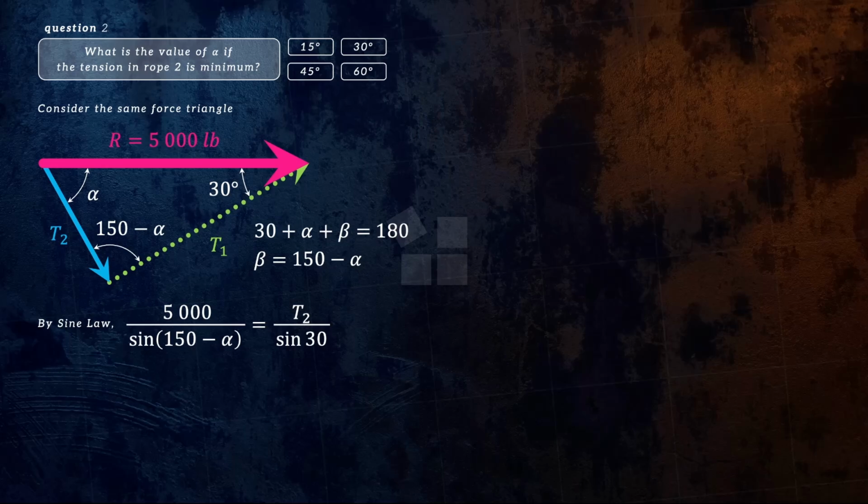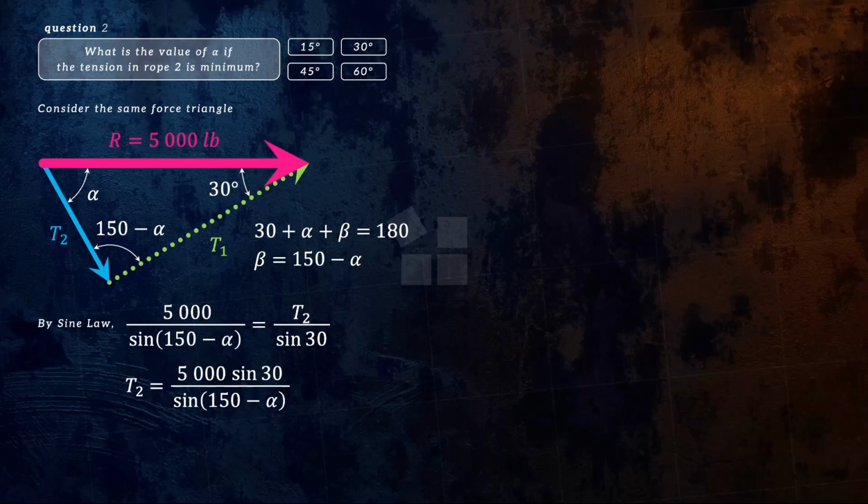We can multiply both sides of the equation by sine 30, which will cancel the sine 30 at the right term where T2 is, leaving us with T2 being equal to 5,000 times sine 30. This is the sine 30 I just multiplied at the left term and brought up at the numerator, over sine 150 minus alpha.